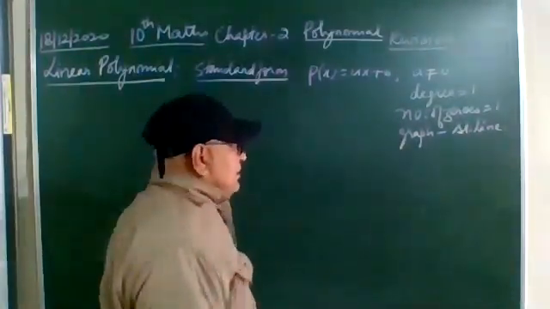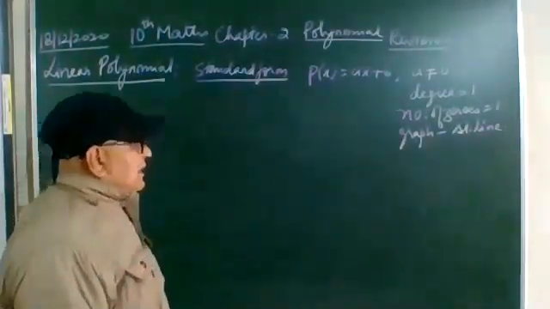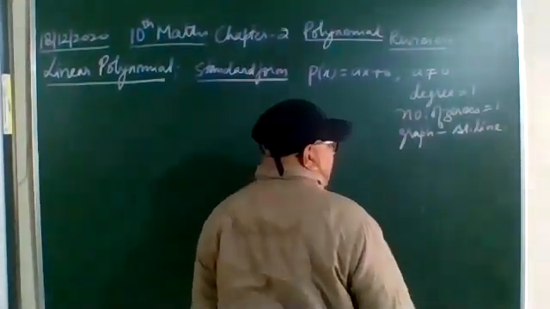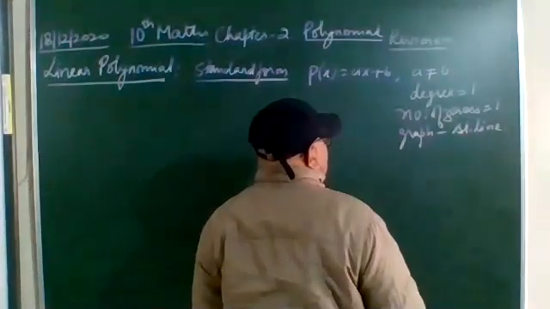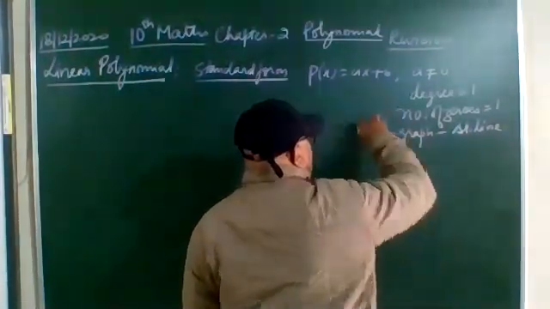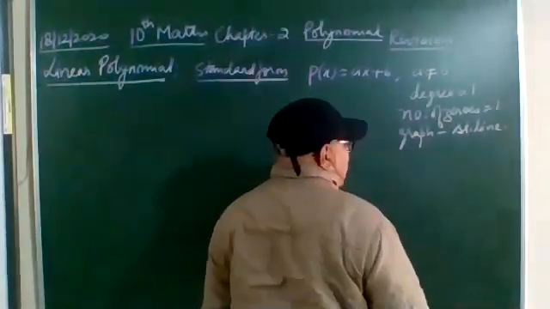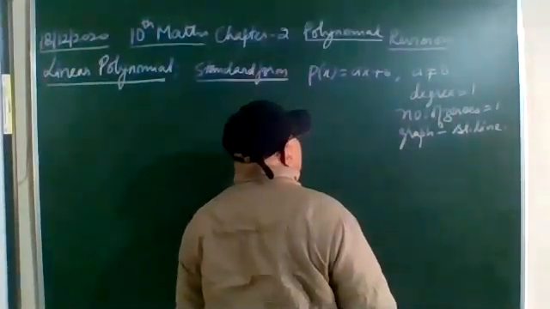Now this straight line, if the polynomial has the x variable, will be parallel to the y-axis.